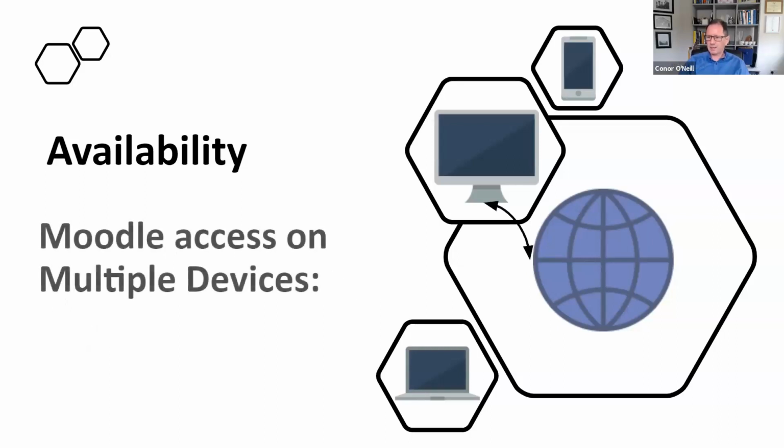You can access Moodle on multiple devices, so it doesn't matter whether you're on a laptop, a desktop, or a mobile. If you have an internet connection, you should be able to get at Moodle. Moodle, the organization, has their own app. It's not the WIT app, it's the official Moodle app.